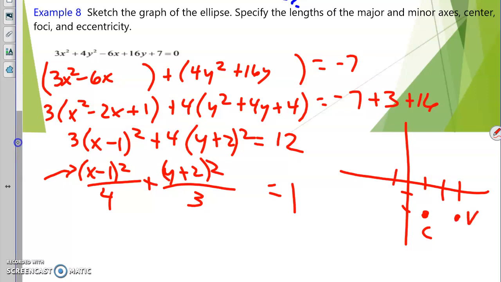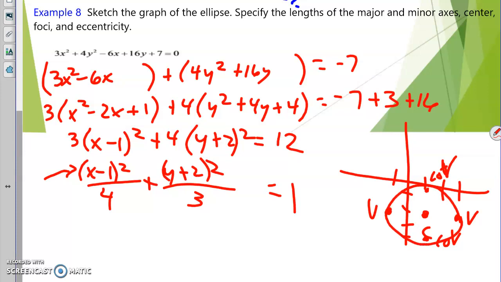Distance 2 the other way gives me another vertex. And the square root of 3, which is 1.73, puts me at a co-vertex about there and about there. So those are your vertices and your co-vertices. And so my shape is going to look something like that.